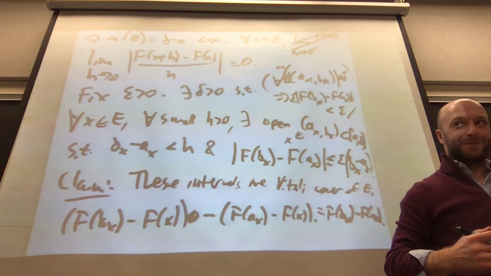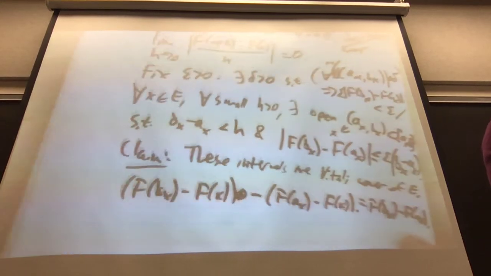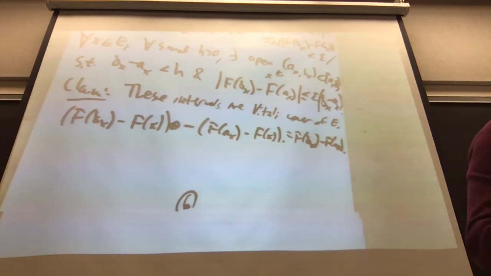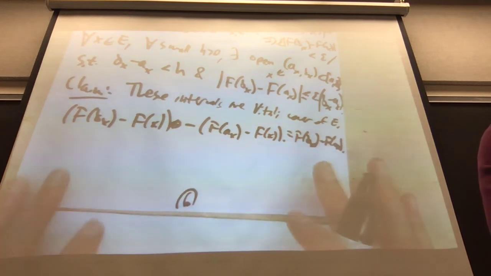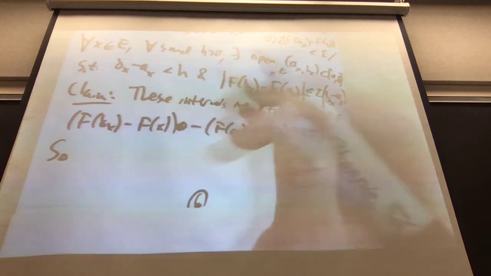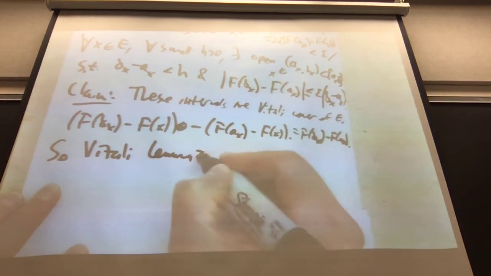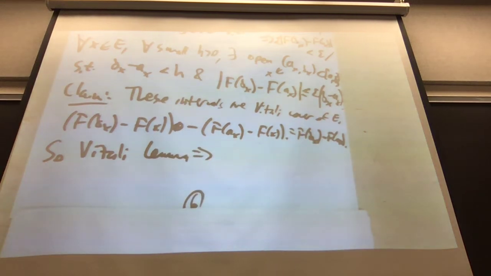Now we just apply the Vitali lemma and follow the consequences. Okay? So far so good? Let's do it. So what? So this is a Vitali cover. Okay, so the Vitali lemma says there exists, what does it tell us?